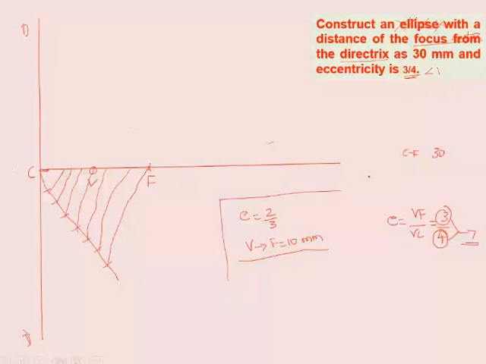Sir, distance between vertex and C is divided into 2 parts, 7.5 mm.